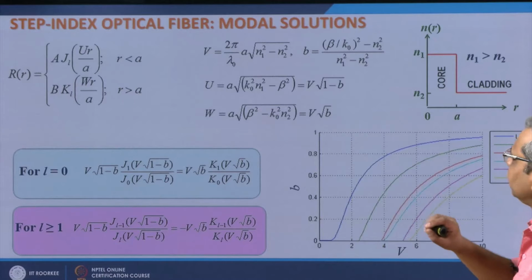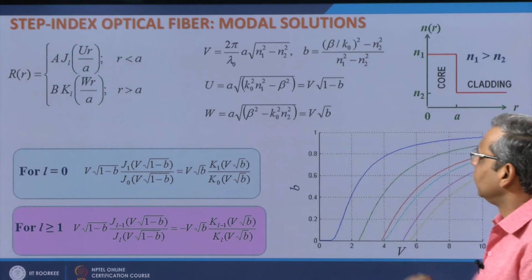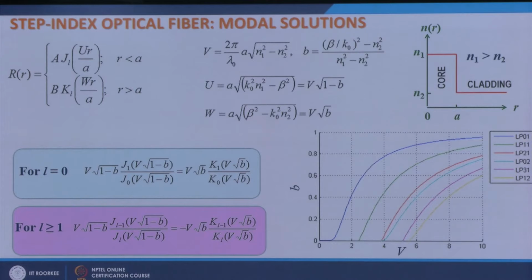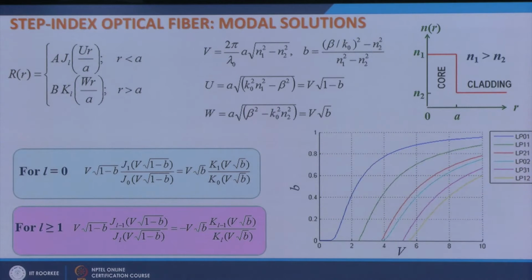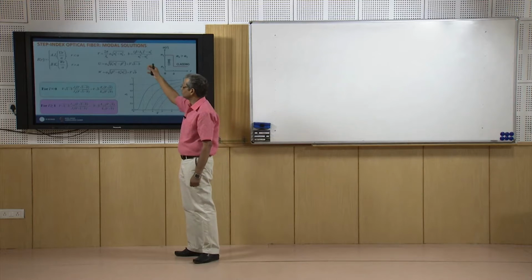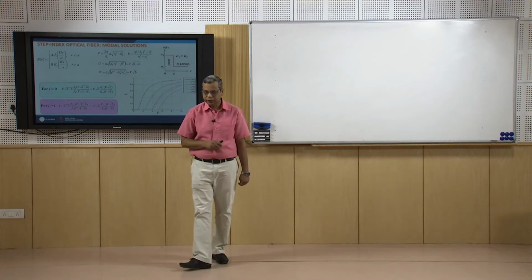We had also defined the normalized frequency V, normalized propagation constant B, and U and W are defined by these relations, and you can also express them in terms of normalized parameters V and B.